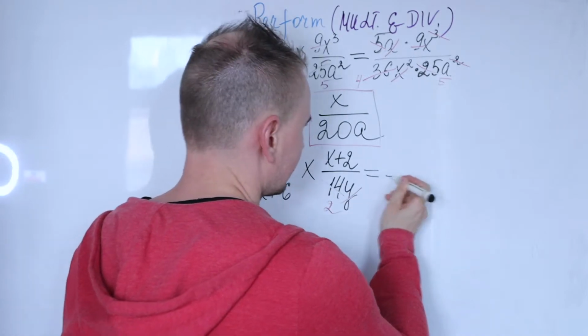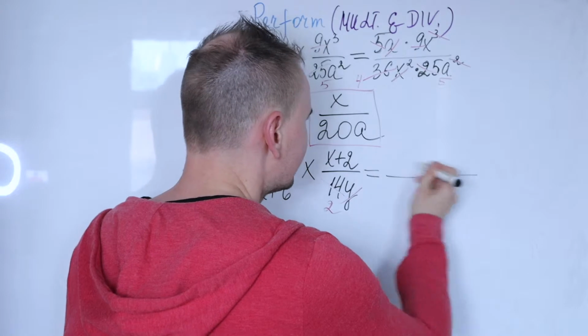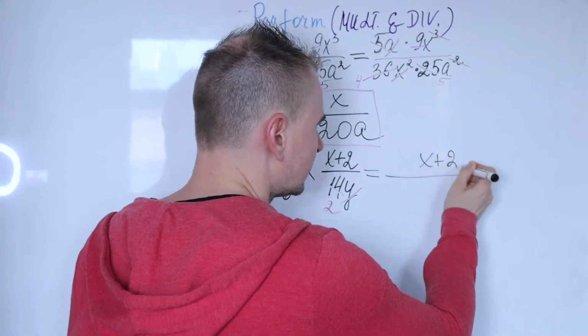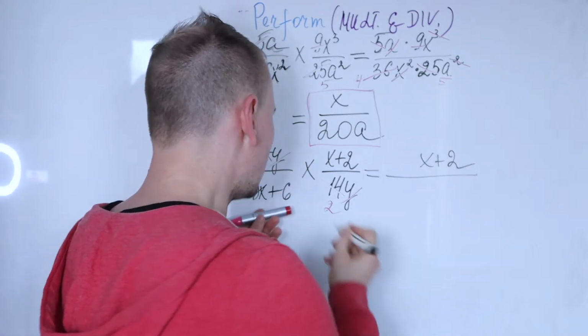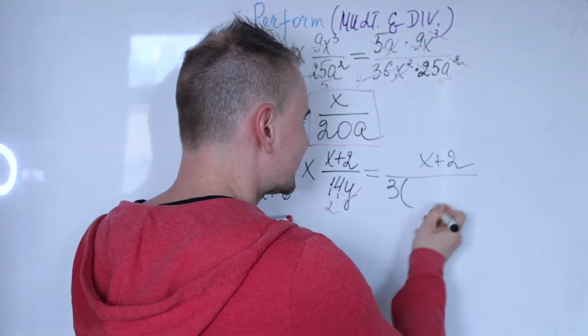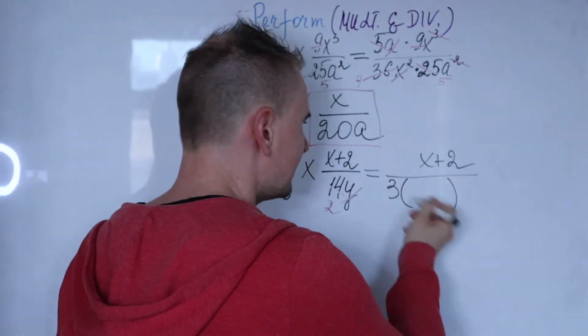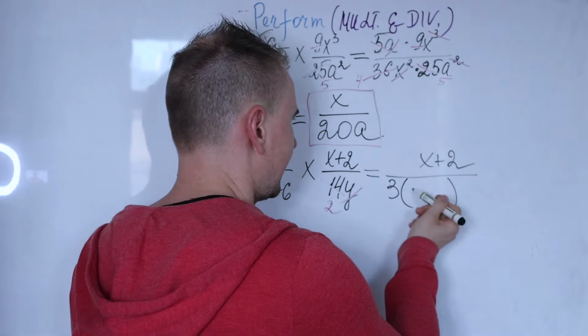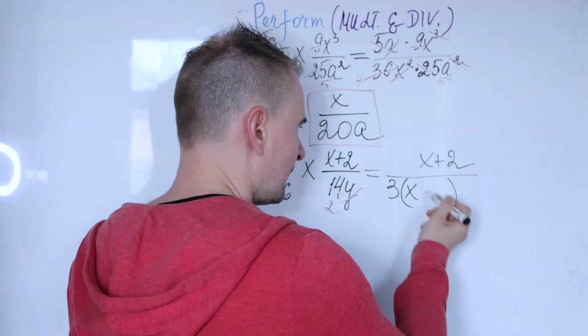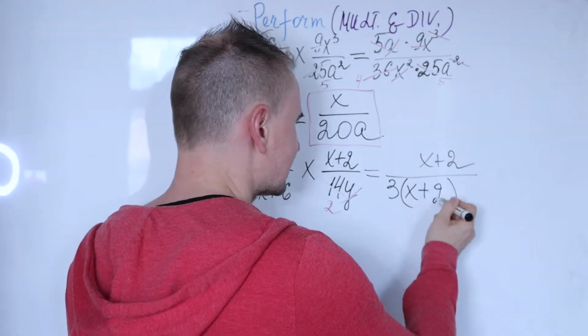So let's rewrite what we have. Just one fraction: we still have x plus 2 on top, and on bottom I'm going to take out this 3 and place it outside of the parentheses. What's left over? x plus 2.